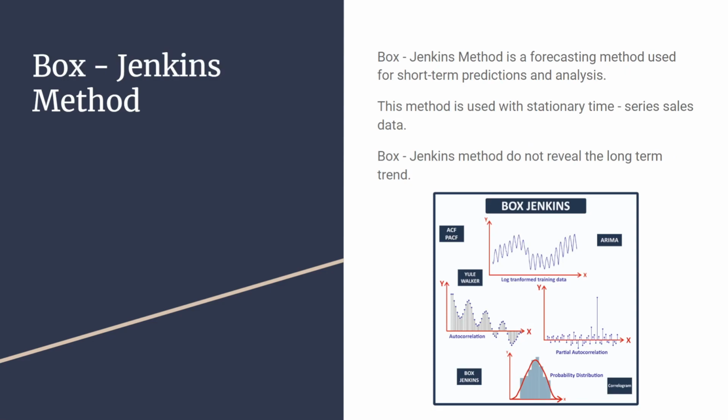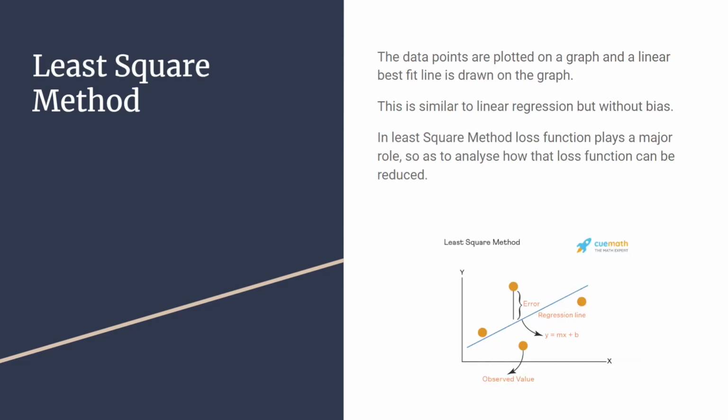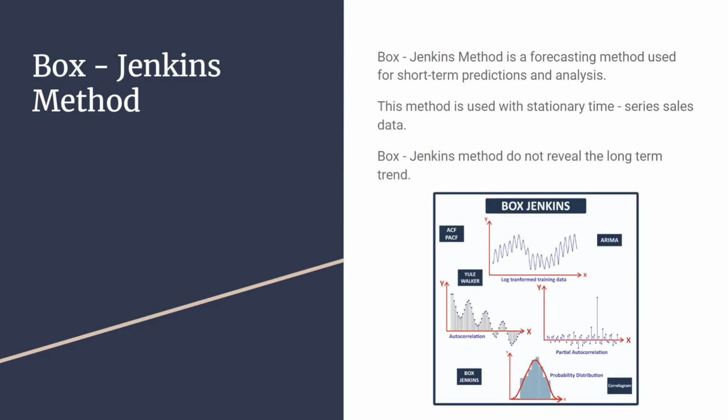So this is also one of the forecasting methods used for short-term predictions and analysis. Whereas the other two can also be used for long-term, but it doesn't ensure that this would be the long-term performance of any product or service or anything of that sort. And the Box Jenkins method is used for stationary time series analysis, sales data. Time series in the sense it's kind of similar to the real-time analysis of the performance of a product.